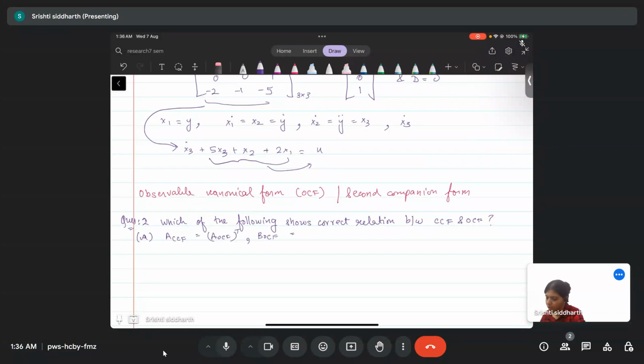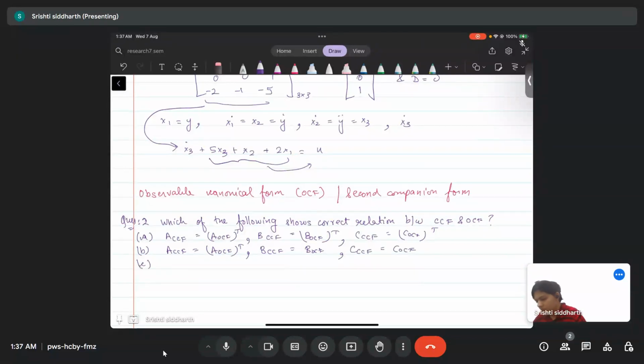Then BCCF is BOCF transpose, and CCCF is COCF transpose. Then we have the second option: ACCF equals AOCF transpose, BCCF equals BOCF, CCCF equals COCF.